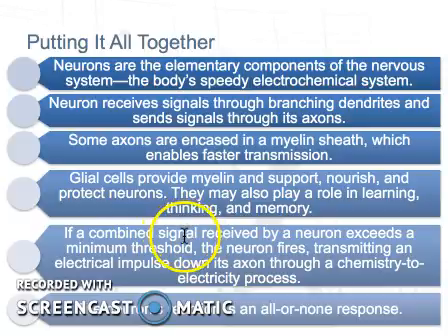So if the signal received reaches or exceeds the minimum threshold, the neuron fires, transmitting an electrical impulse down its axon through a chemistry to electricity process. And then the neuron's reaction is all or none. It doesn't have a little action potential or a weak action potential or a strong action potential. It just has an action potential or it doesn't.